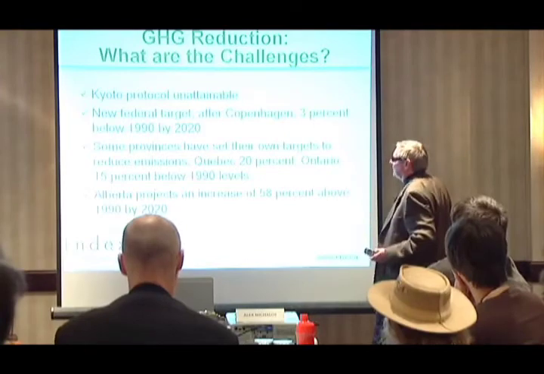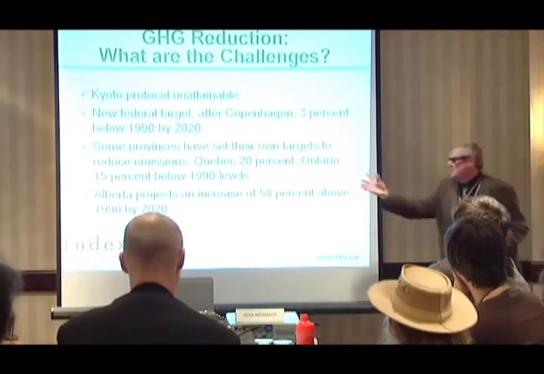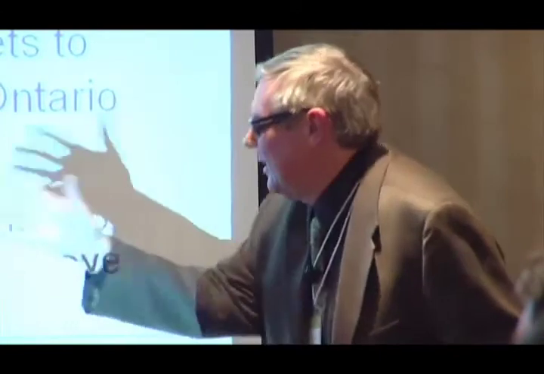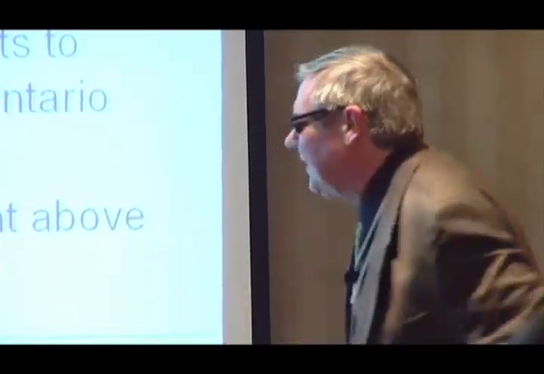And provinces have set their own. Quebec has one of the most ambitious plans. Jean Charest just came out and said we can reduce greenhouse gas emissions to 20% below 1990 by 2020. Ontario said 15%. And Alberta said we can keep it down to 58% above. Anyway, I won't dwell on those too much.